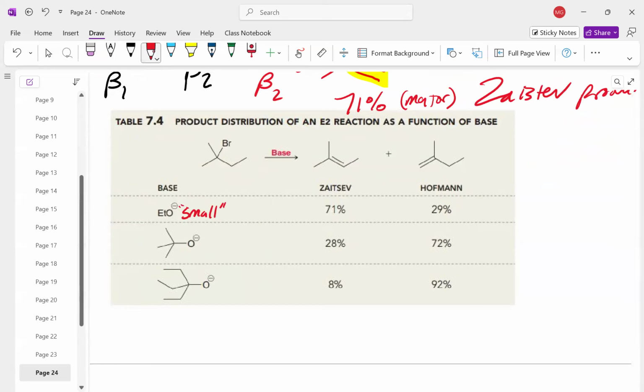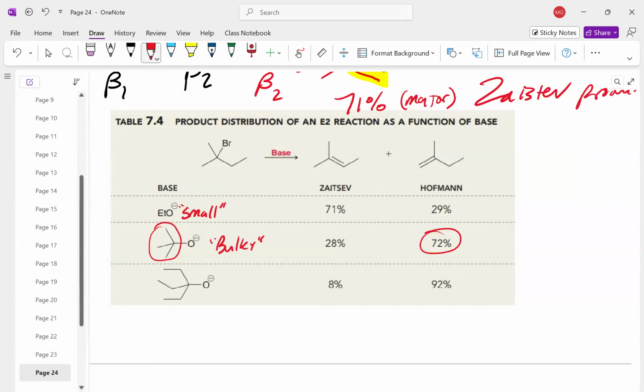And when I say small, it has a very small carbon chain. And the Zaitsev product is formed preferentially. Now, if I take that small base and make it bulky or sterically hindered, like I put a bunch of carbons on it, we call that a bulky base or sterically hindered base.